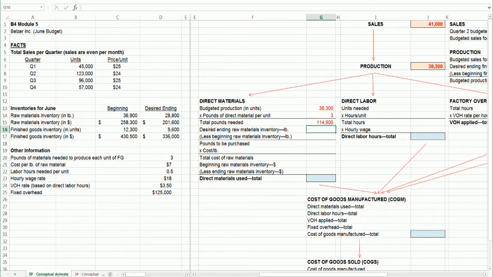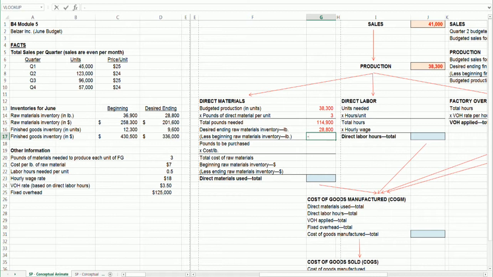Now, just like our production budget, we have to say, well, if that's how much I need for production, which is kind of like how much I need to sell, I also want to make sure I have enough for that and however much I want in my ending raw material inventory. Well, they tell us over here that's 28,800 pounds of raw materials. Once again, the good news is we're not coming into this with 0.